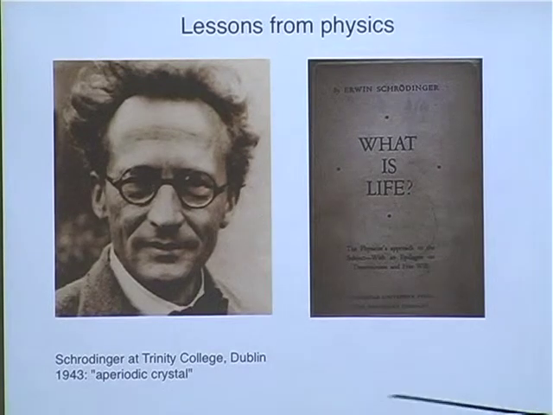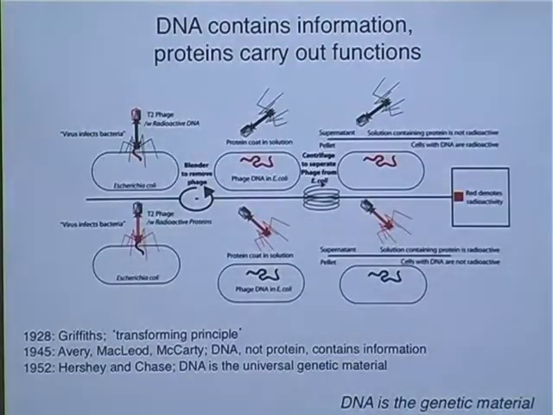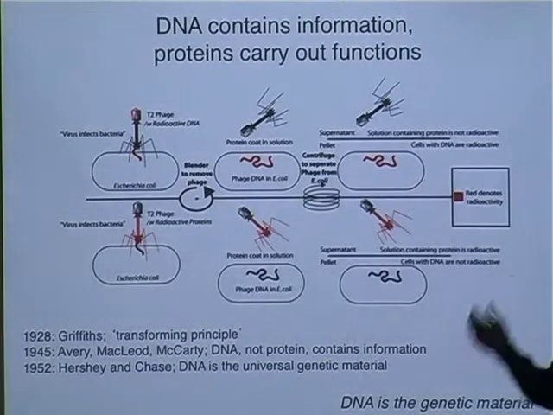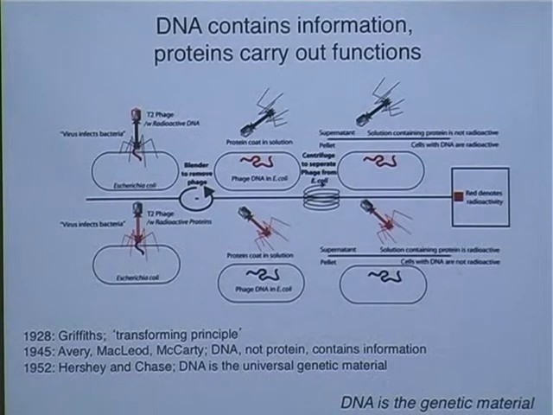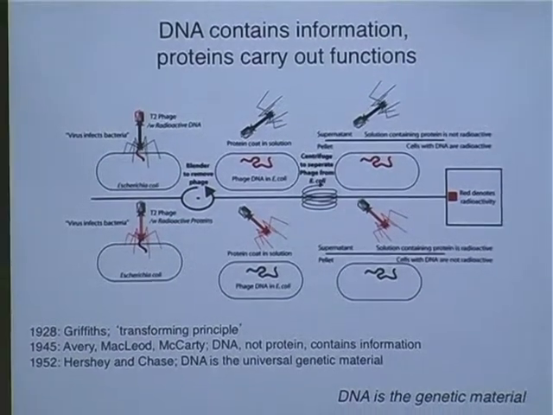And he came up with this concept of an aperiodic crystal, which is a very wonderful phrase. And this book and this phrase actually inspired the discoverers of DNA, Crick and Watson, to look for something of that kind in their crystallographic models. Okay, so that was Schrödinger.